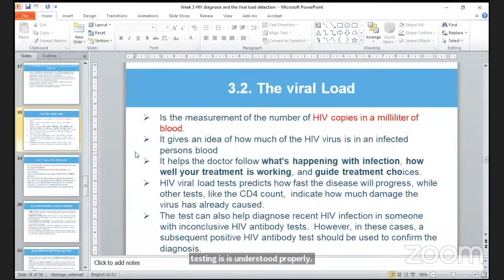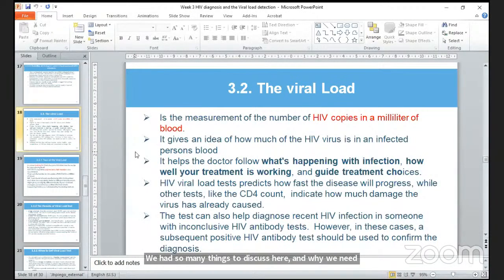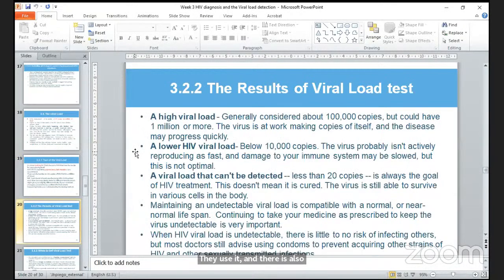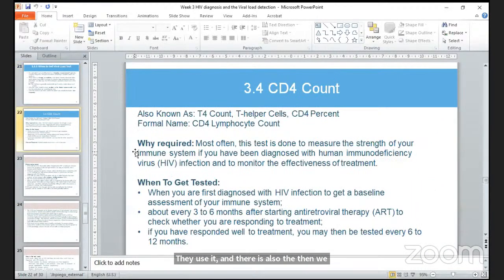Then we had the viral load test. We had so many things to discuss here: why we need it, when it's supposed to be taken, and of course the users, and the results of the virology test. So we did all that. Then we had the CD4 test.